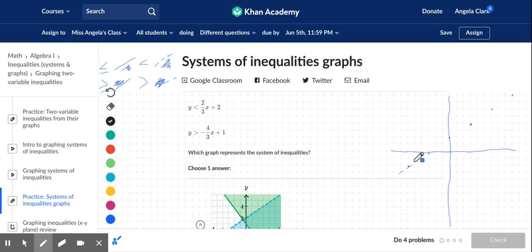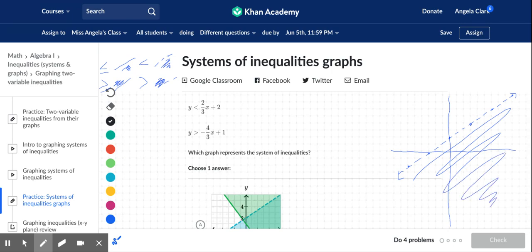So let's do the dotted line. And don't forget your arrows. And then it's less than, so I'm going to shade below.